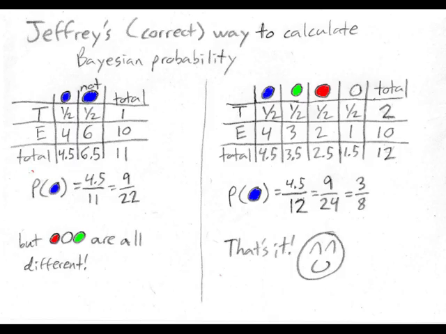When there's 4 credible options considered, the total theoretical count is going to go up to 2, and the probability of a blue being next is 4.5 out of 12, or 3/8. And this is how we get the correct probability for the next candy being blue.